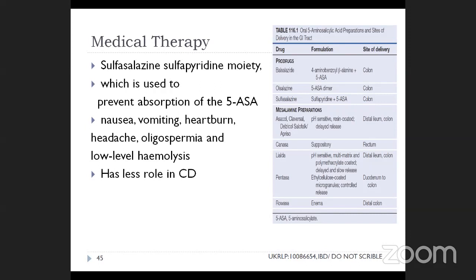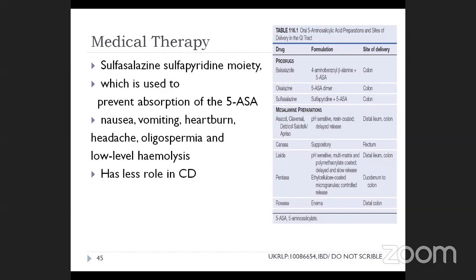Sulfasalazine is the most commonly used drug, and the sulfapyridine moiety is the part of the drug which causes many of the complications, and it prevents the absorption of 5-ASA in the intestine and keeps the 5-ASA in the intestinal lumen, where it acts.